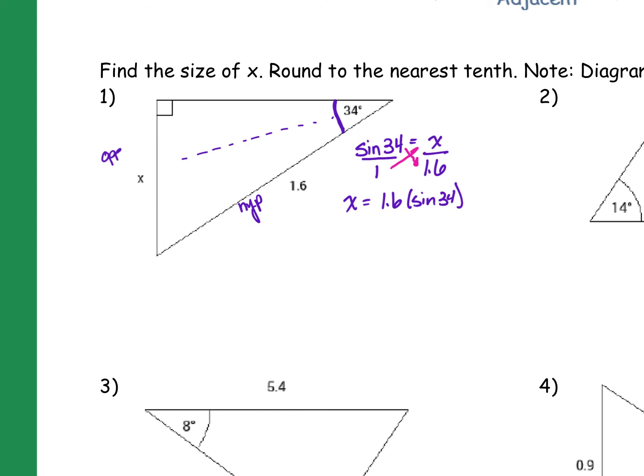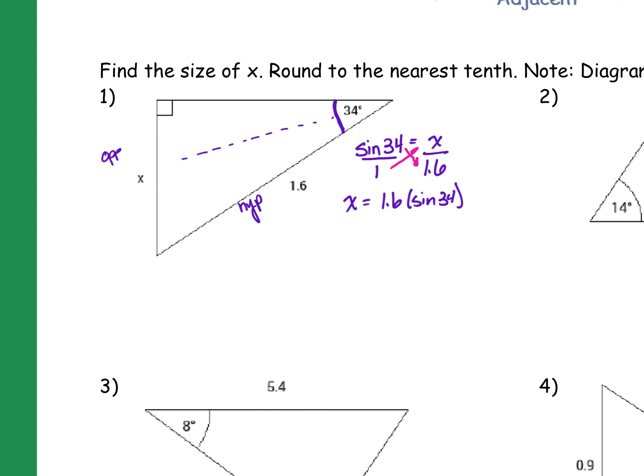Okay, so now in degrees in Desmos, to get my answer, I know that my problem was x equals 1.6 times sine of 34. So I'm going to do 1.6 first, and then times, right? To get to your trig functions on your phone, sometimes you have to put the number first and then hit the trig function.